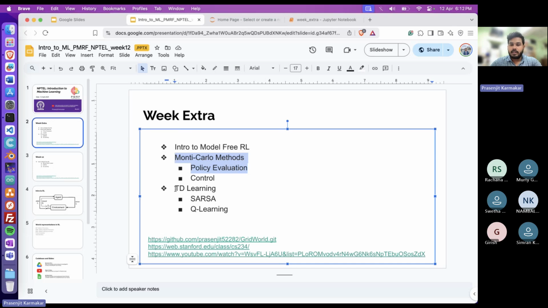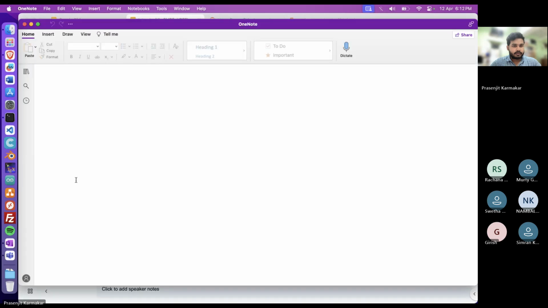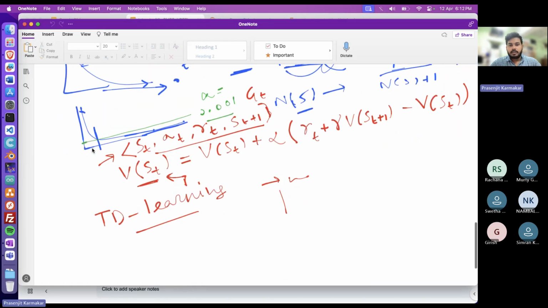And also we have covered TD learning, or temporal difference learning, and particularly the TD0 variant. Why TD0? Because see here, V(S_t) is equal to V(S_t) plus alpha, R_t plus gamma V(S_t+1) minus V(S_t). That means it is only one step. So that's why it's called TD0. Let's say what is called TD1, if I have another roll-up.